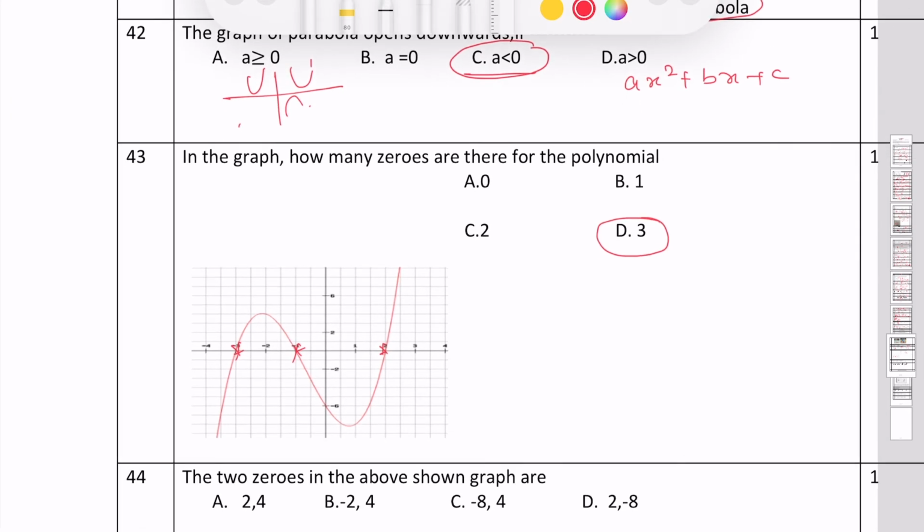So if you look at the figure, here it is -2, 0, and 4, 0. So -2 and 4 are the zeros of the above graph.